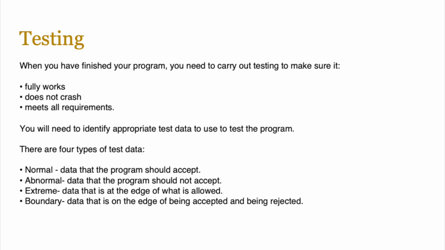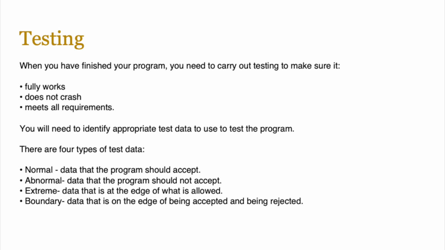So you will need to identify appropriate test data to use to test your program. And normally there are 4 types of test data: normal, data that the program should accept; abnormal, data that the program should not accept because it has errors; extreme, data that is at the edge of what is allowed.